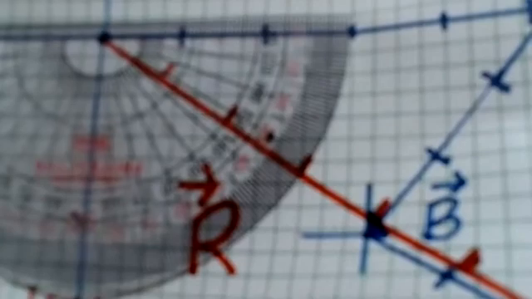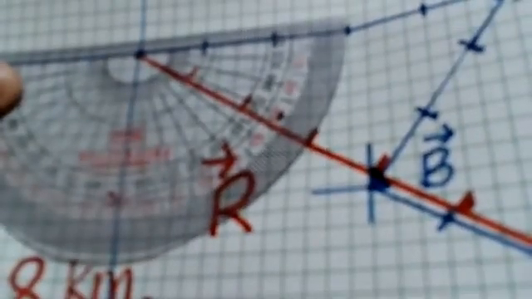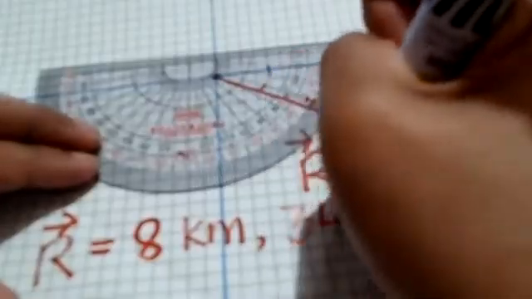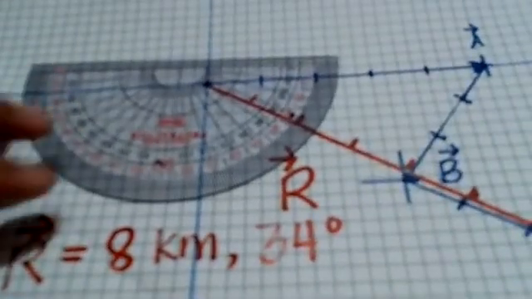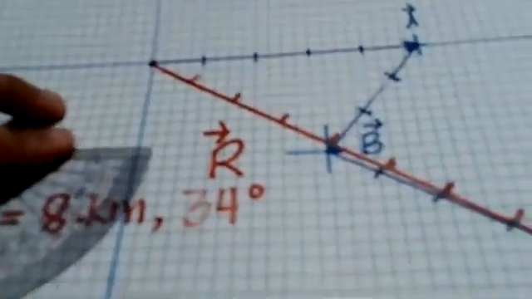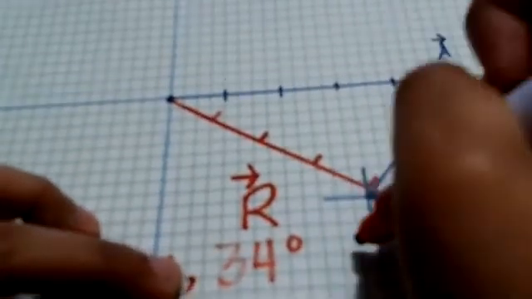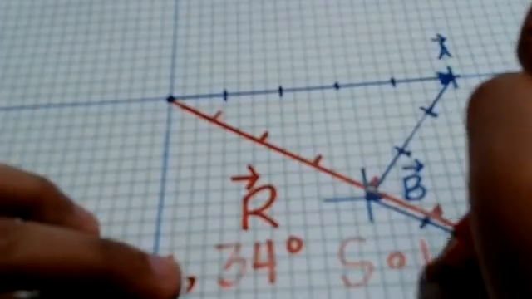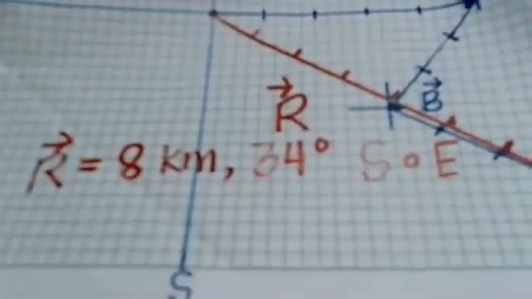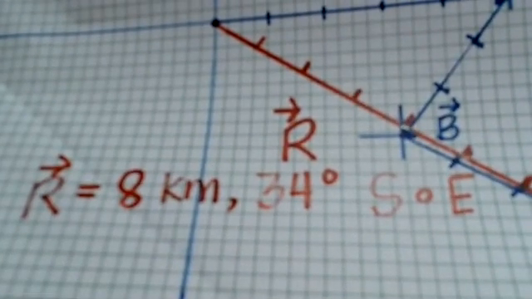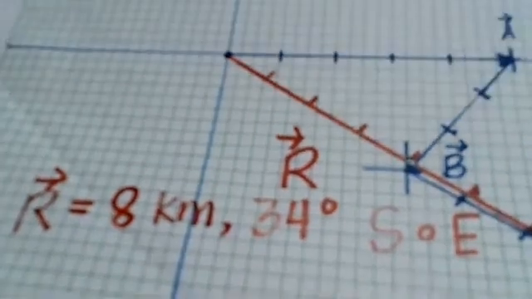So we have here around 34 degrees. What's the direction? South of east. So we write here south of east. So this is our resultant vector for A, B, and C using the polygon method.